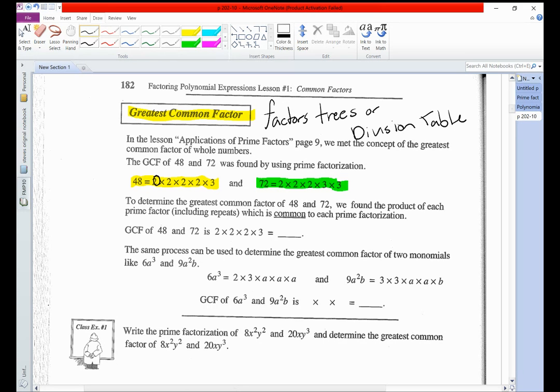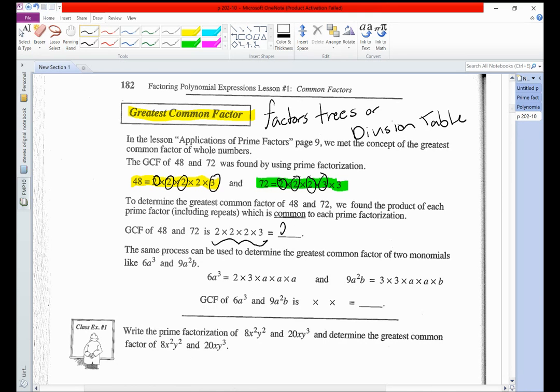So they each have a 2, they each have another 2, they each have a third 2, and they both have a 3. So we get 2 times 2 times 2 times 3, which multiplied together gives us 24. So that's the greatest common factor of 48 and 72.